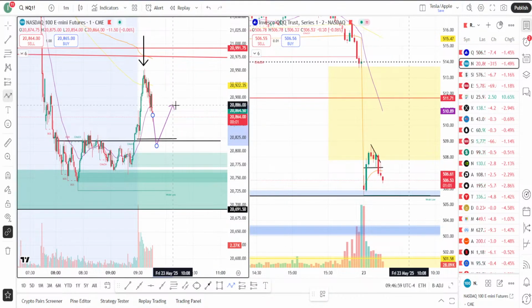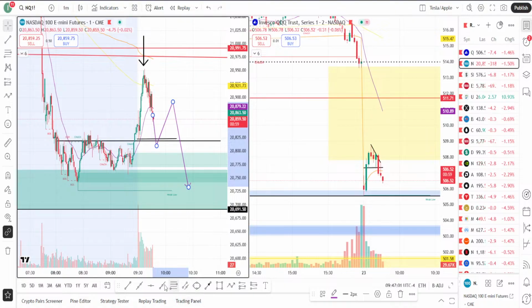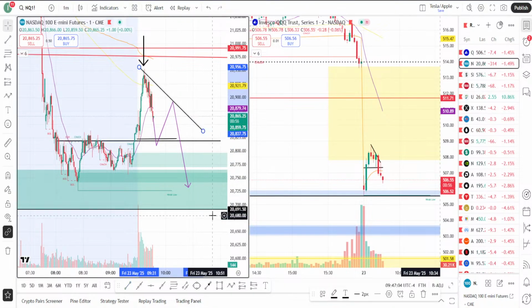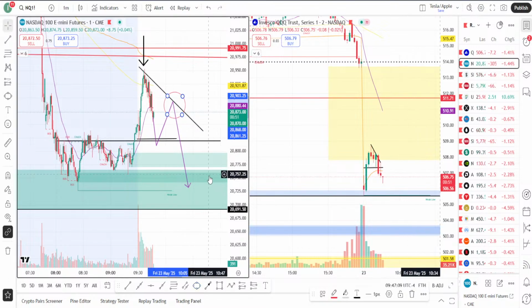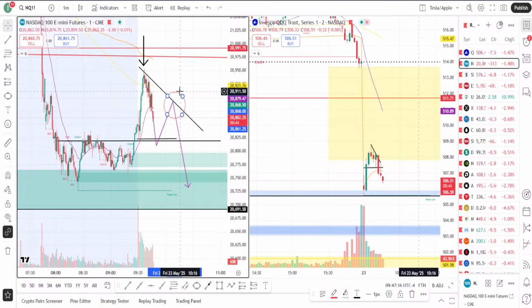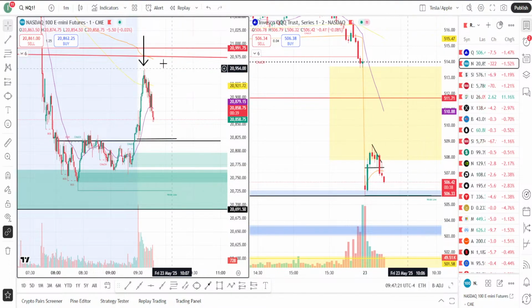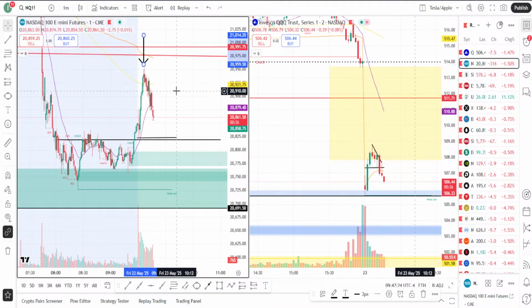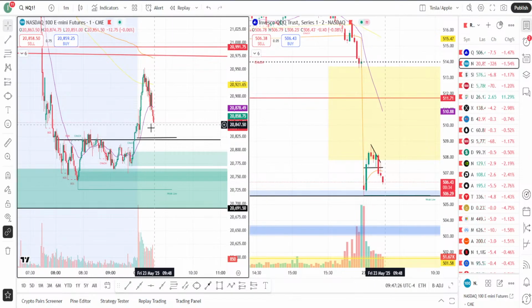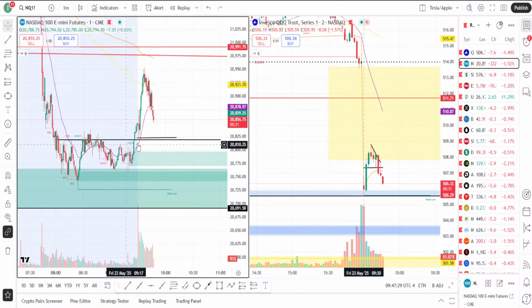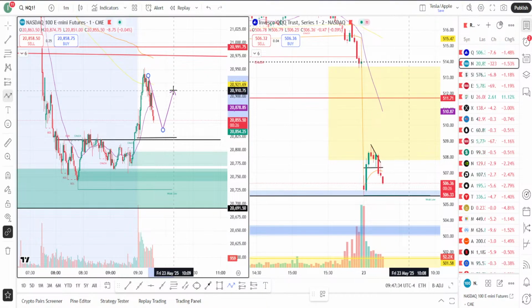If we're going down, we'll see a lower high. Because what happens if you sell here? What happens if you sell here and then the market does this?